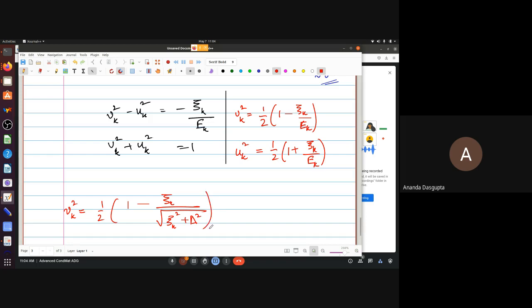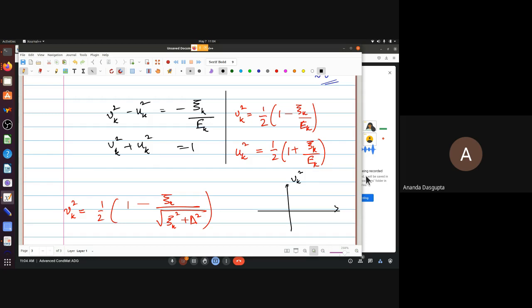Once again, let me remind you that in our problem, delta is a constant. At least delta is a constant within a particular region. And then if you were to try to look at the graph of this quantity, what would it look like?